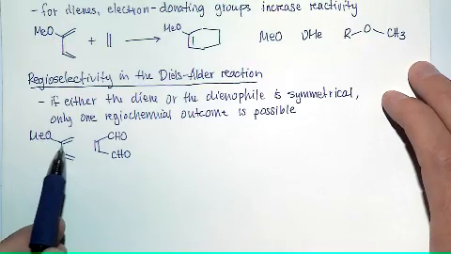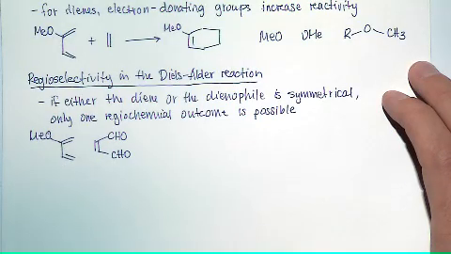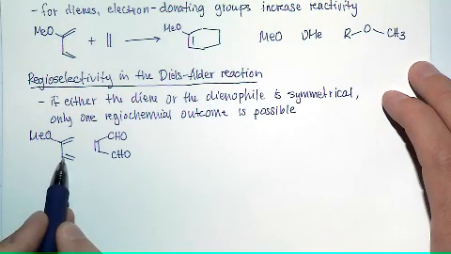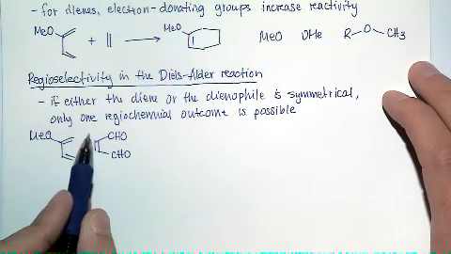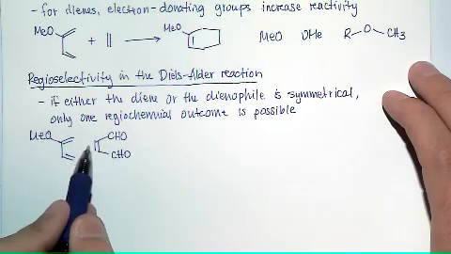It's got a methoxy group on one of the inner carbons of the diene, but not on the other. And then we react it with this dienophile, which is symmetrical.